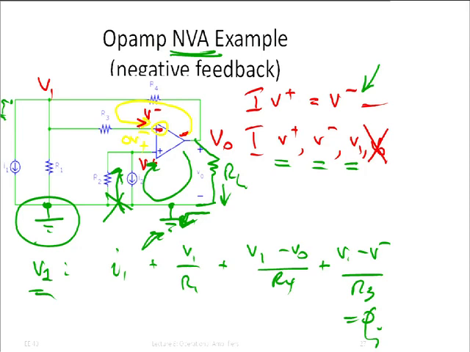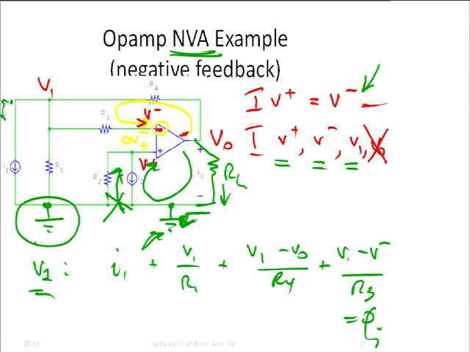Okay, so the modification of node voltage analysis. In this case, you would simply write V minus minus V1 over R3 equals 0.